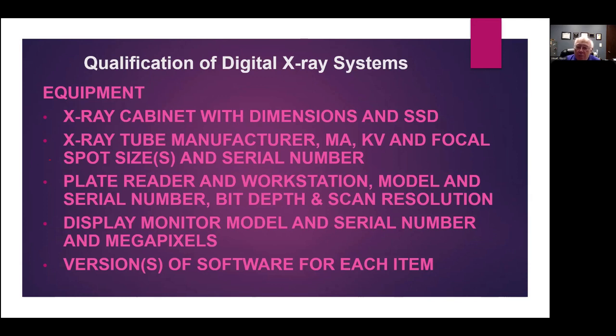So again, this is all part of the qualification. So let's say you buy a new X-ray tube. Well, that's a major part of the system. So that would require a requalification. So that's why each item is listed in the system qualification.